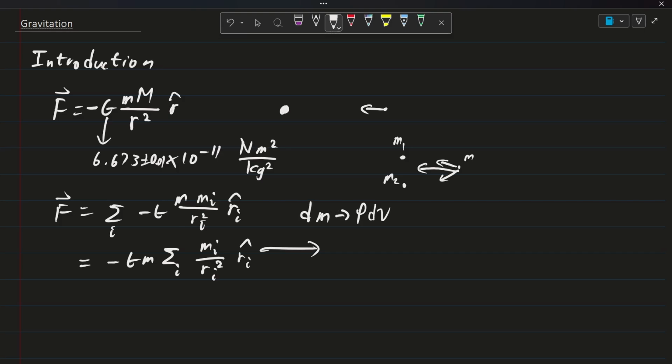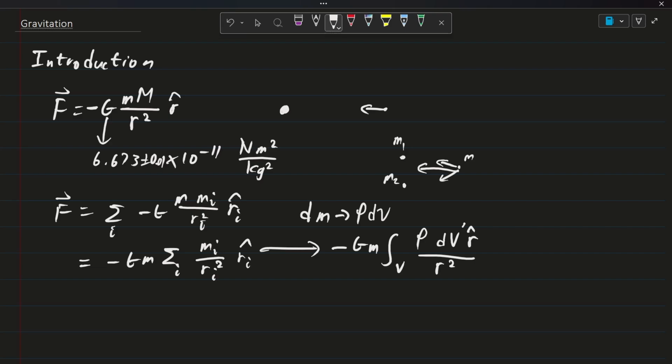Technically this is dm, and so it would become negative G m, the integral over the volume of rho dV prime in each of the r hat directions, divided by r squared. Don't forget that this dV and this r hat here are in different coordinates, which is why I put a prime at the top.